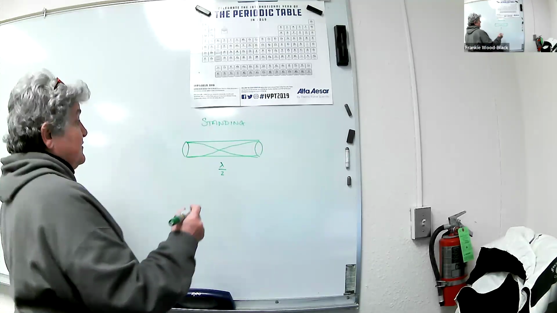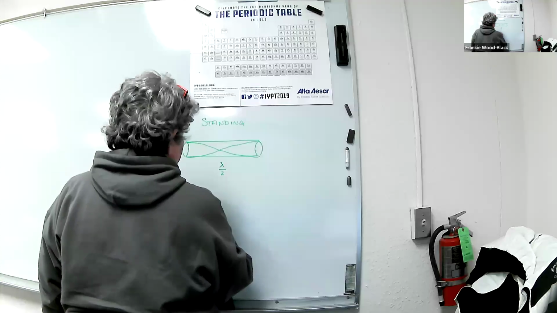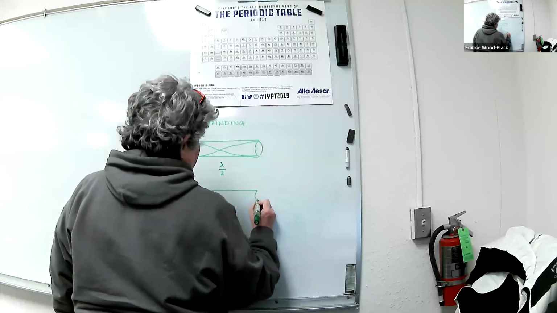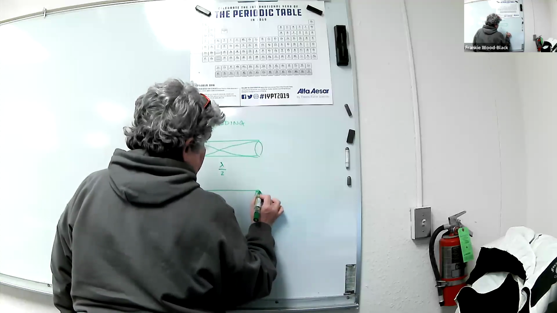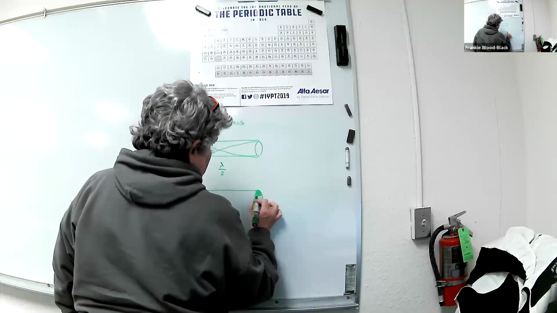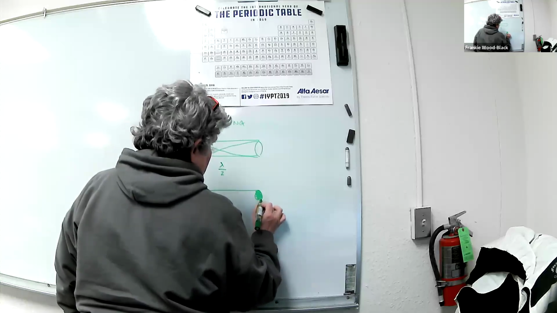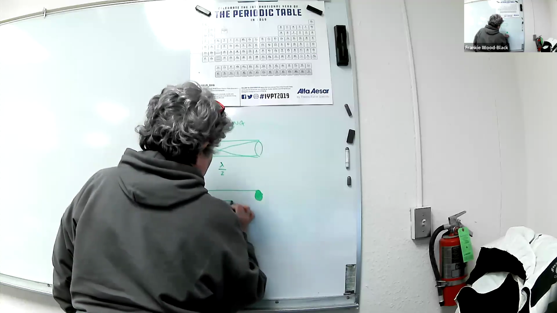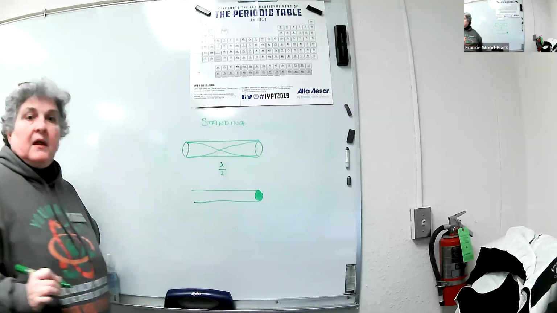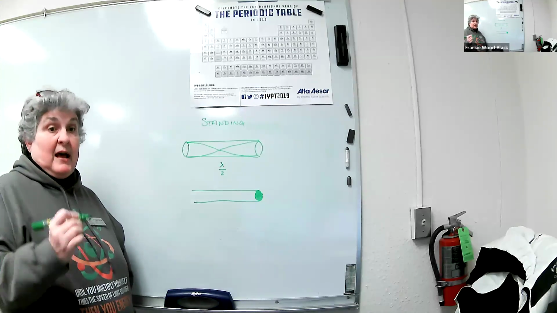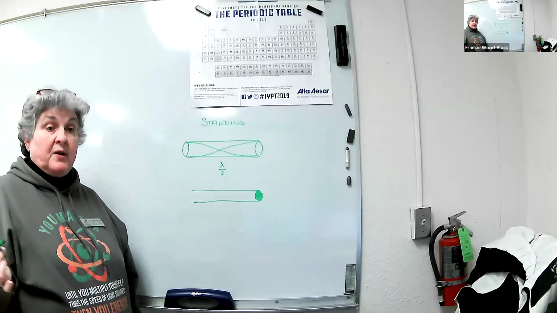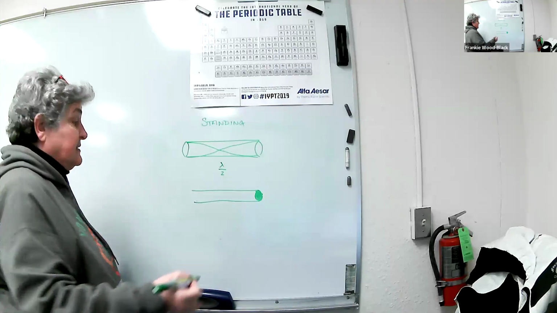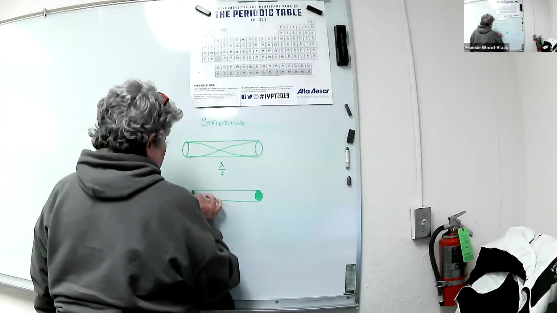Now, what happens if I have a closed pipe? So this time I've got a closed pipe. I'm going to get my node at my closed end, and I'm going to get my antinode at my open end.